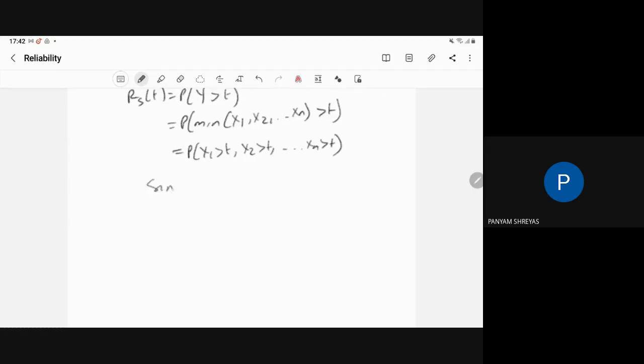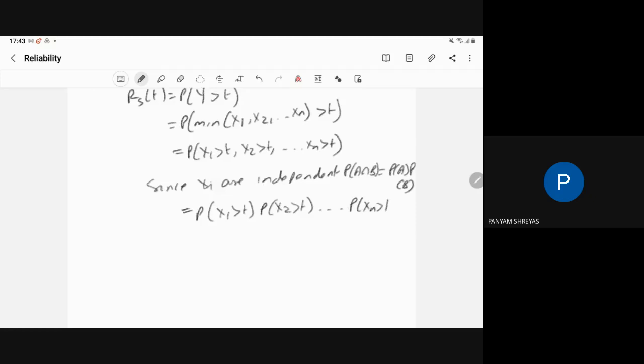Since the Xi's are independent, this can be written as the probability of X1 greater than t, times the probability of X2 greater than t, because we know that probability of A intersection B is equal to P of A times P of B when A and B are independent, and so on up to the probability of Xn greater than t.